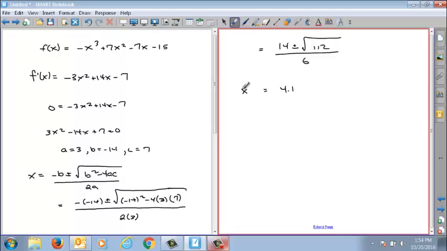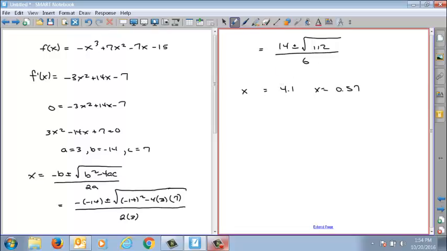So that's one solution, and the other solution is the negative square root. And I get 0.57. Just double checking, make sure everything looks okay. Okay, I hope that's right. If it doesn't, we'll re-record it. So those are my two values of x where the first derivative is equal to 0.